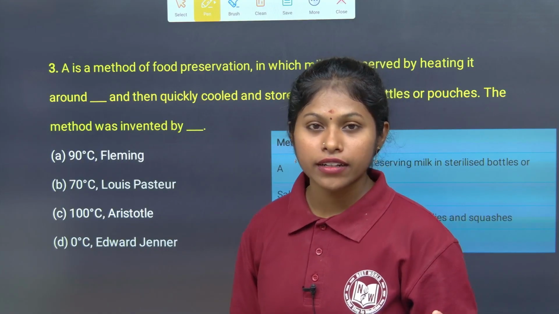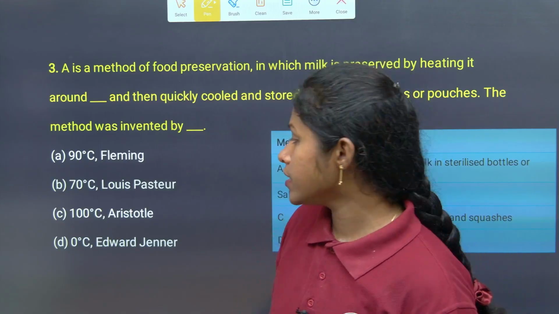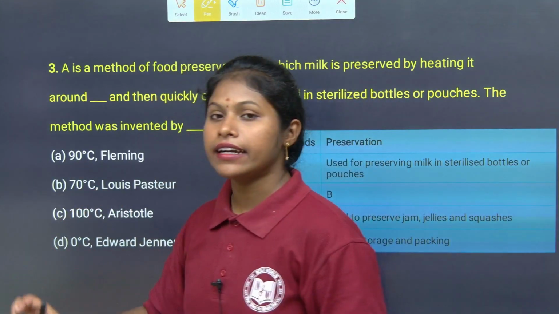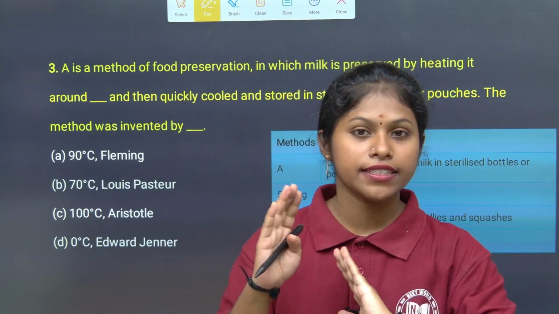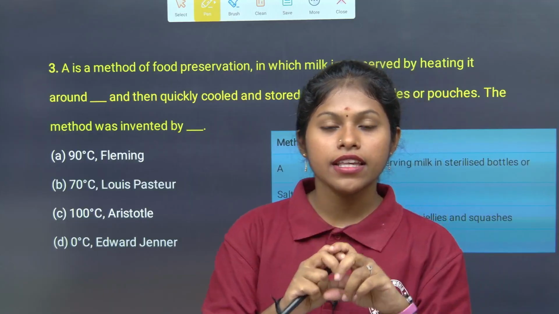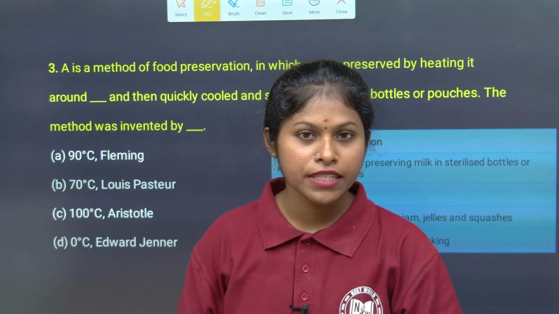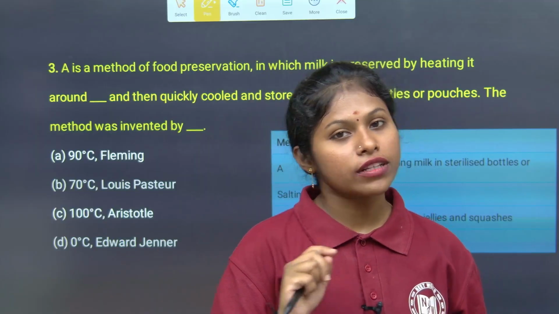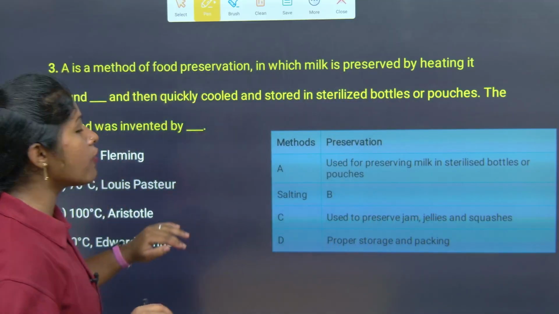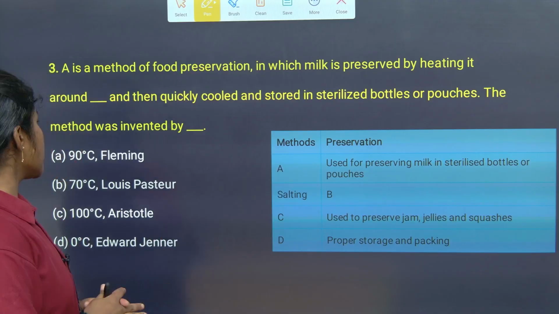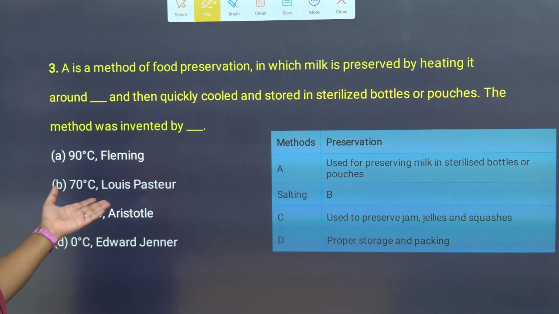So the heating of milk occurs at what degrees, children? 70 degrees centigrade, for 15 to 30 seconds, and then the milk is suddenly cooled down, travels through small pipes, and is stored in sterilized bottles and pouches. This is how the shelf life of milk is increased. So this method was invented by Louis Pasteur.